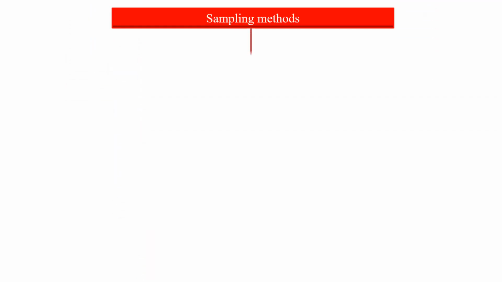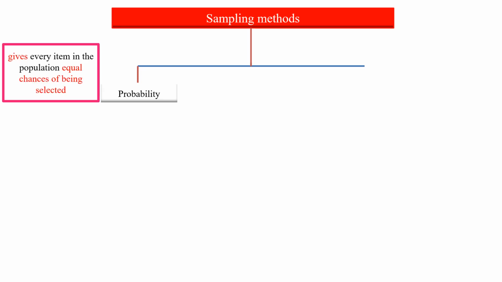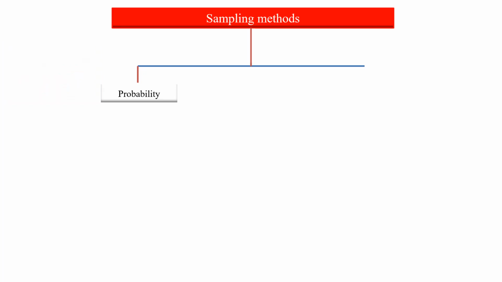Sampling methods. Here we can see there are two types of sampling methods: one is the probability sampling method, another is the non-probability sampling method. Let's see first what is the probability sampling method. In the probability sampling method, each and every item in the population has an equal chance of being selected.